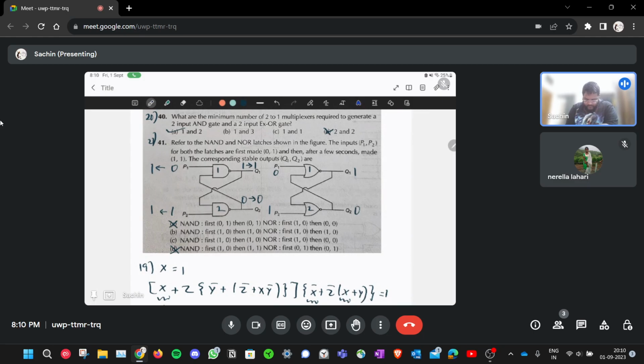That is true in both option B and C. Now this is again changed to 1. This is changed to 1. When both of them are 1, both the NOR gates will give 0 as the output. So both of these will go to 0. So it should be option C. Okay, option C is correct.